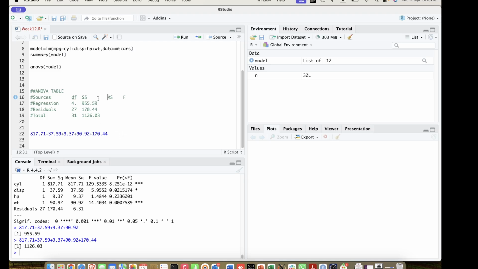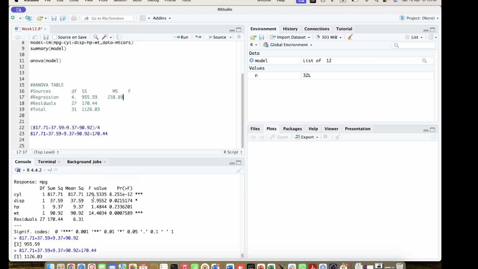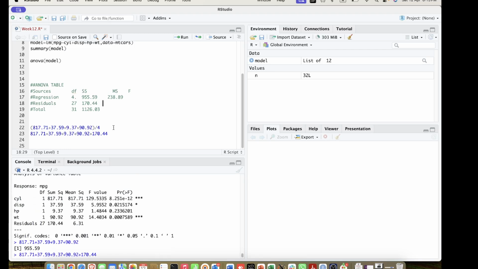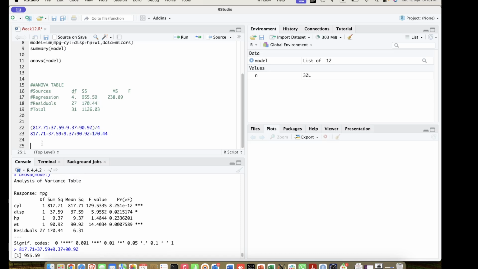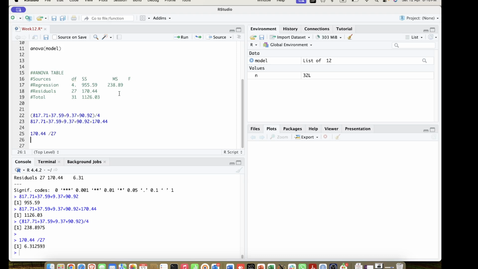Okay, and MS is what? MS is this thing divided by 4, that is 238.89, and this one is only the residuals, so it will be 170.44 divided by 27, so this is 6.31.